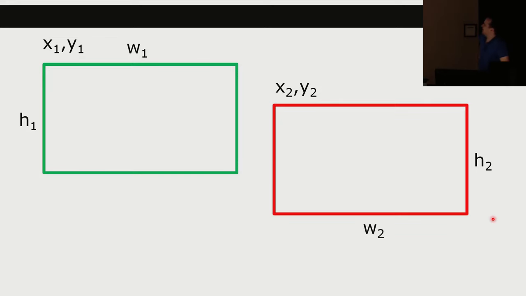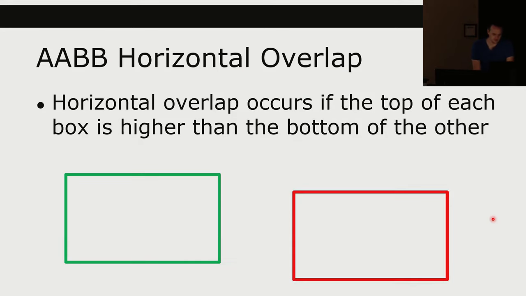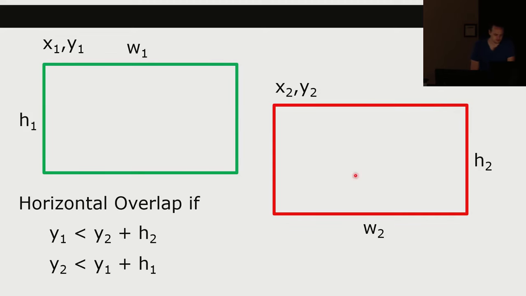So if I have 2 rectangles, how would I determine if horizontal overlap is occurring? It says if the top of each box is higher than the bottom of the other one. So if this is above this, and this is above this. That's not super intuitive at first, but if you think about it, it's provably true. So how would we detect it?